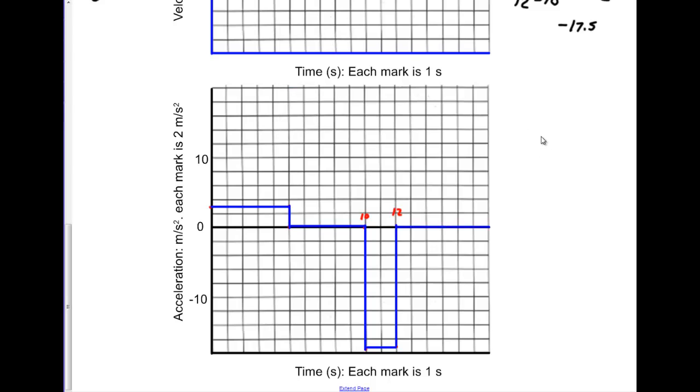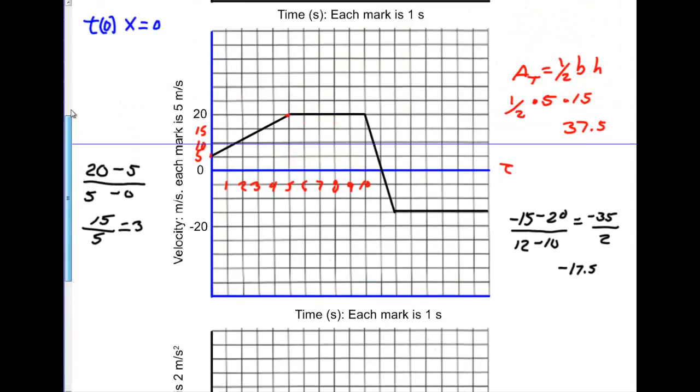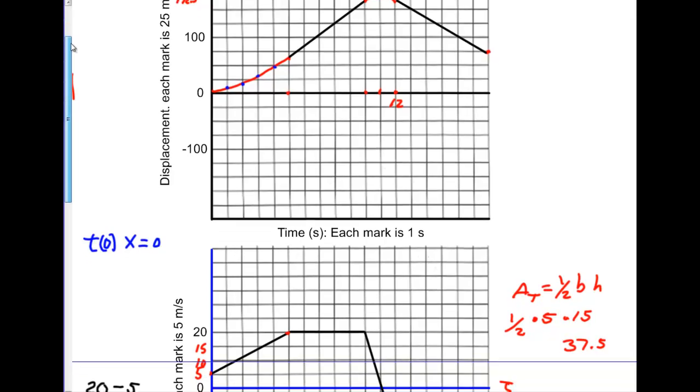And that's it. That's your whole acceleration versus time graph. Again, when you're given a velocity versus time graph, the acceleration versus time is going to be pretty easy to do. The displacement versus time graph is going to be a little bit more complex to do.